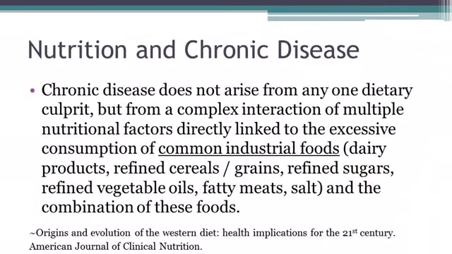Nutrition and chronic disease risk. These are the findings from an American Journal of Clinical Nutrition study regarding nutrition's impact on chronic disease. I'll just read this for you. Chronic disease does not arise from any one dietary culprit, but from a complex interaction of multiple nutritional factors directly linked to the excessive consumption of common industrial foods, such as dairy products, refined cereals, refined grains, refined sugars, refined vegetable oils, fatty meats and salts, and the combination of these foods.